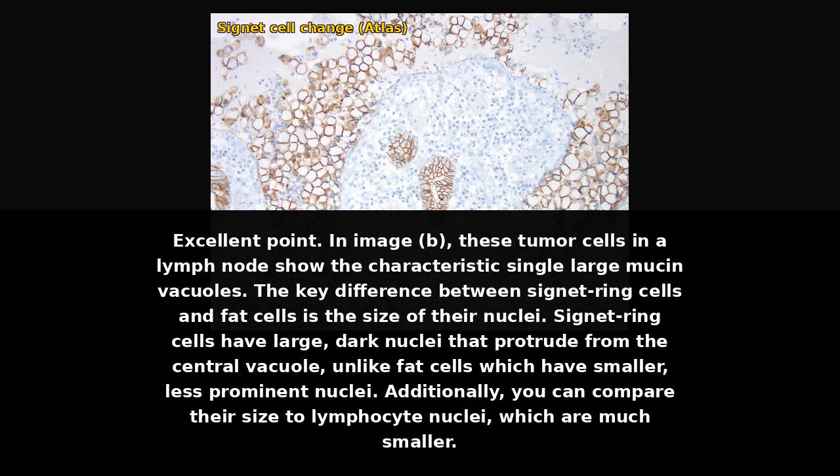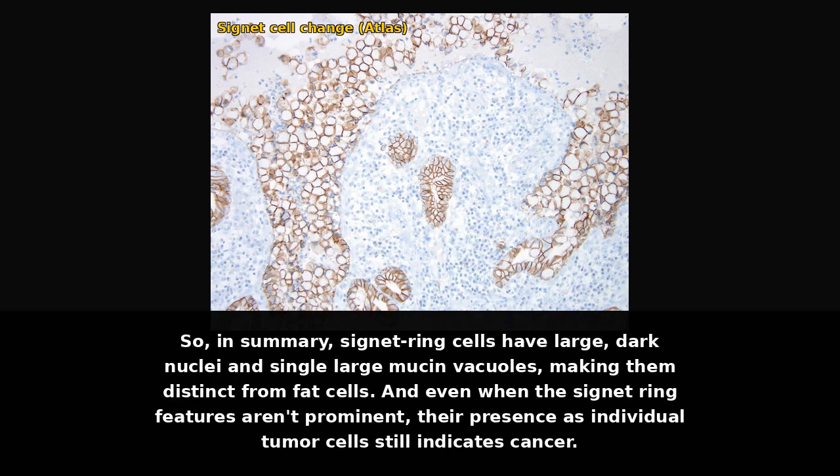Additionally, you can compare their size to lymphocyte nuclei, which are much smaller. So, in summary, signet ring cells have large, dark nuclei and single large mucin vacuoles, making them distinct from fat cells. And even when the signet ring features aren't prominent, their presence as individual tumor cells still indicates cancer.